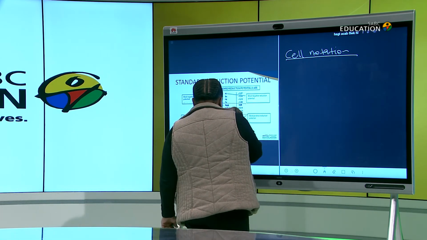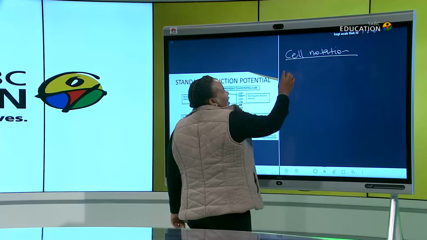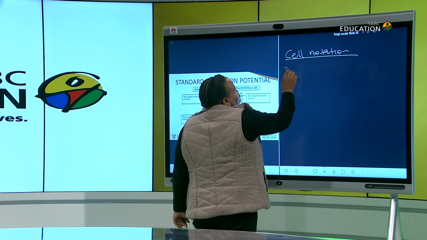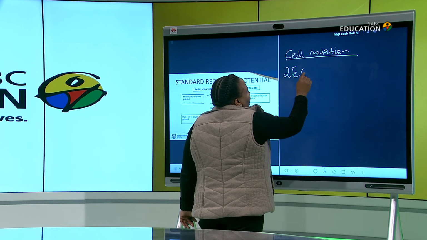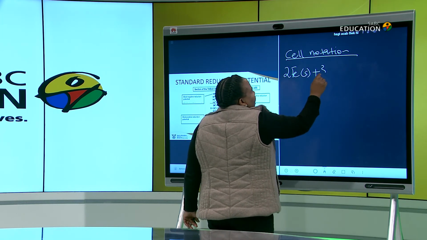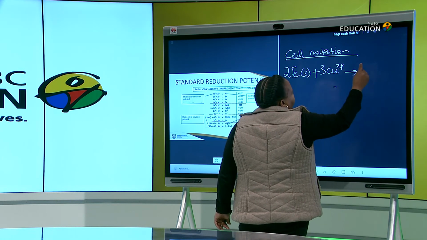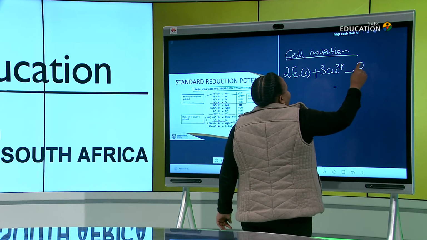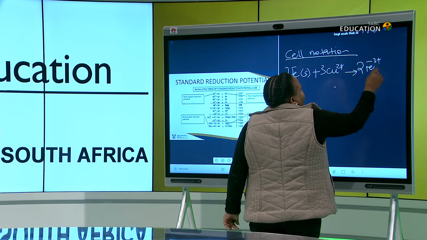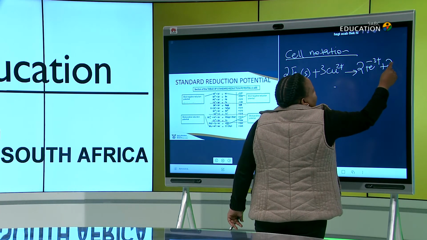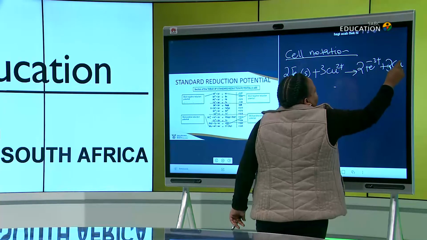Our cell, the previous cell, was 2 Fe, which was a solid, plus 3 Cu 2 plus, giving you 2 Fe 3 plus plus 3 Cu, which is a solid.